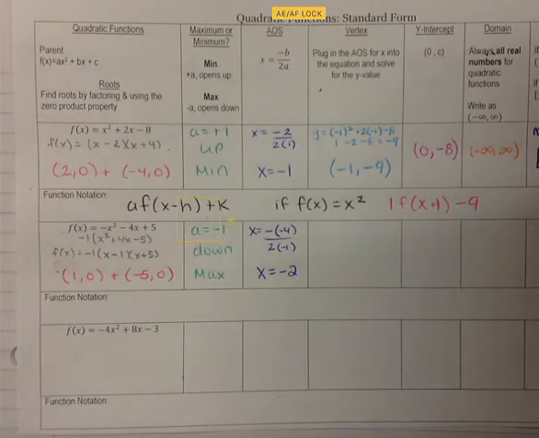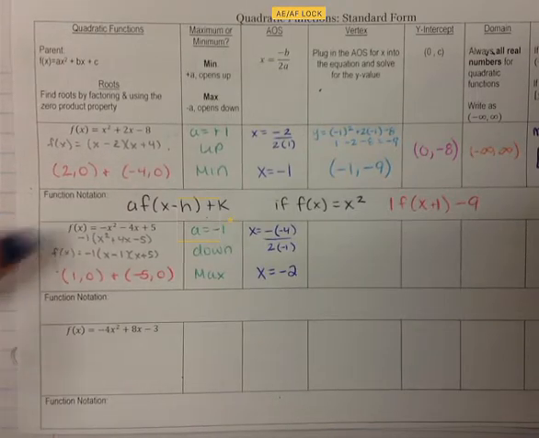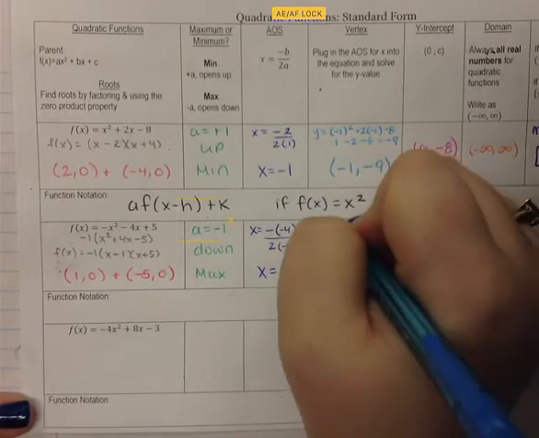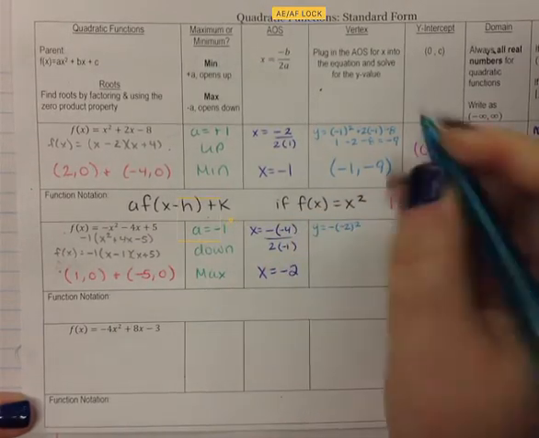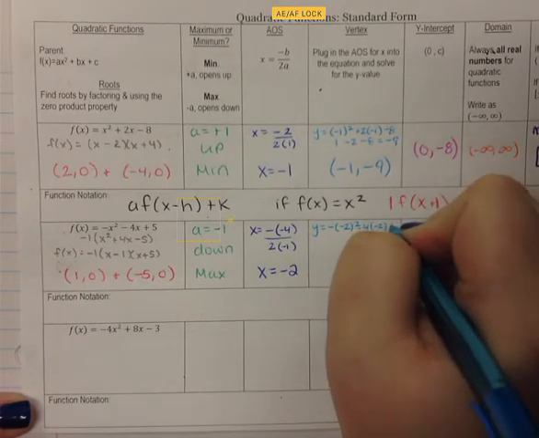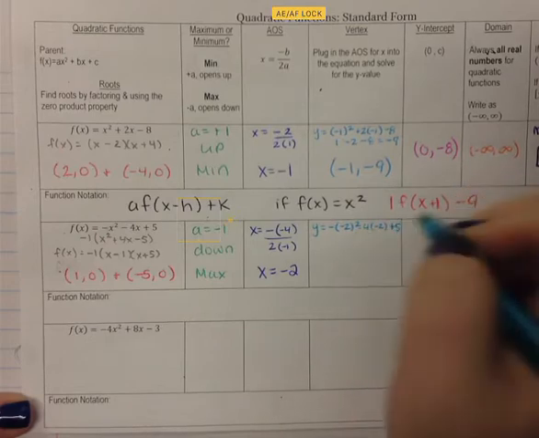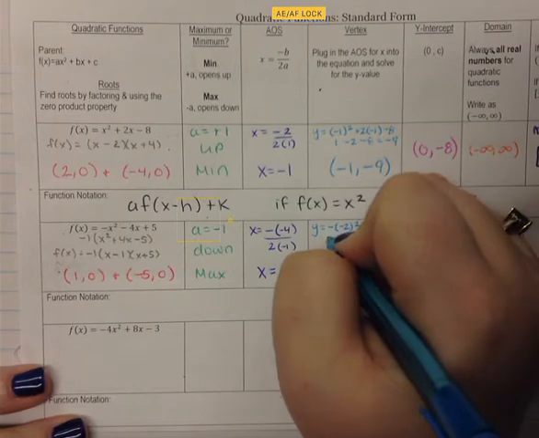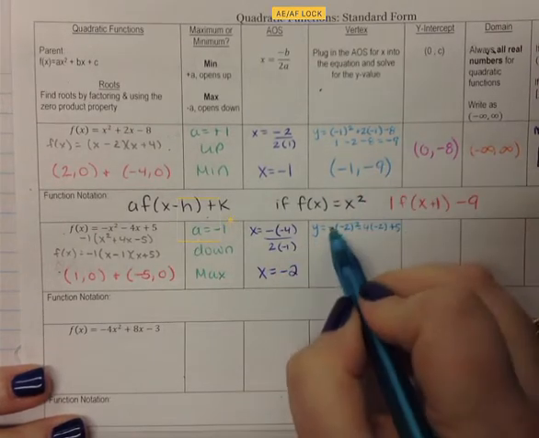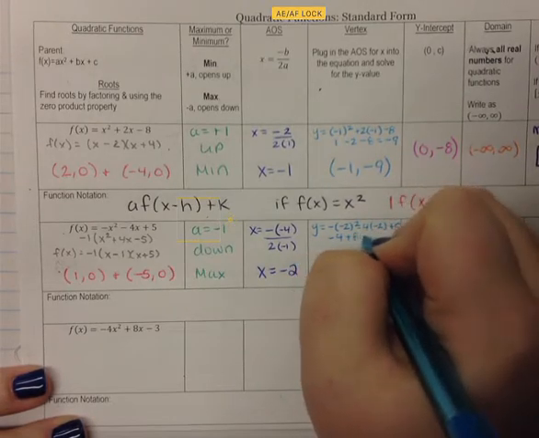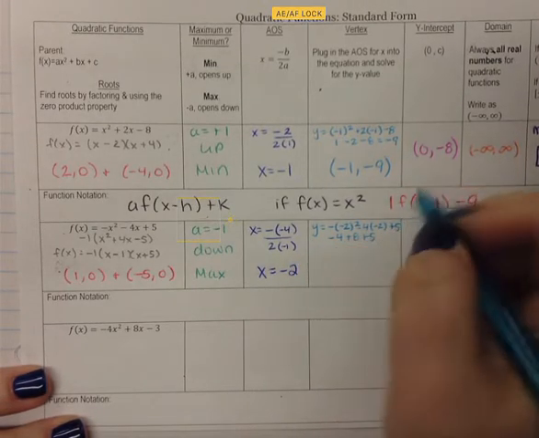Going to find the rest of our vertex by plugging in that -2 back into the original problem. So we have y equals negative parentheses, -2 parentheses squared, minus 4 parentheses, -2 parentheses, plus 5. -2 squared is 4, so this is really in the beginning is -4 now because of the negative on the outside. -4 times -2 is plus 8, and then we're going to add 5 as well.